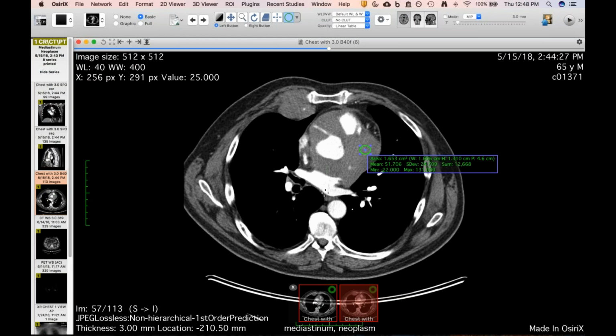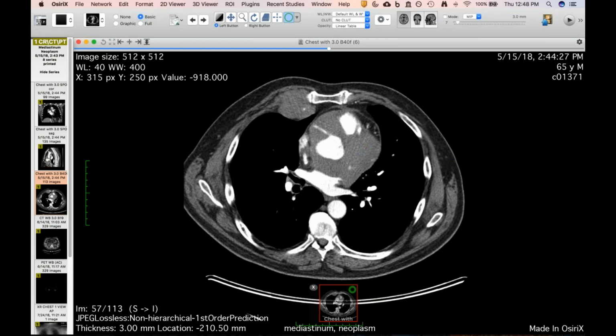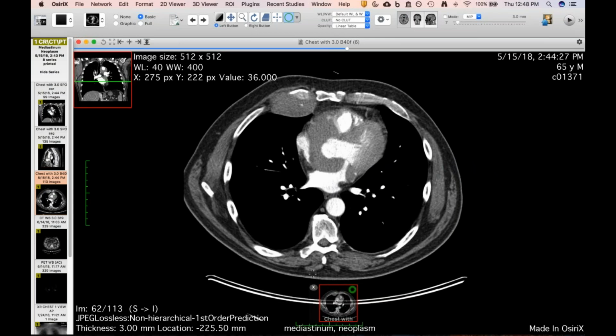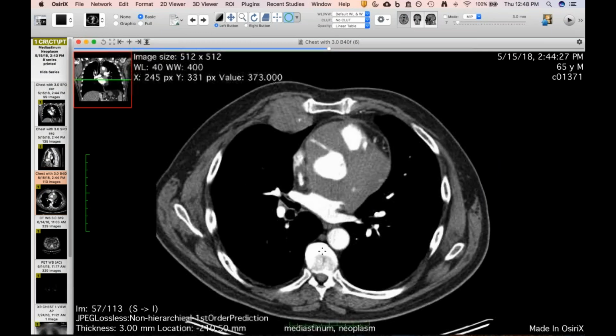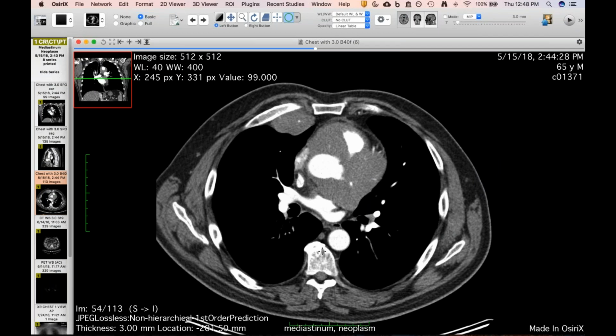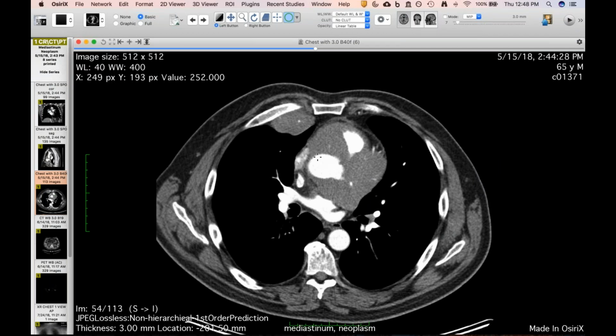So I was just curious to see whether I should have considered lymphoma based on lowish attenuation. And Howard, maybe if you could look at your case, what was the attenuation of the soft tissue in your lymphoma?